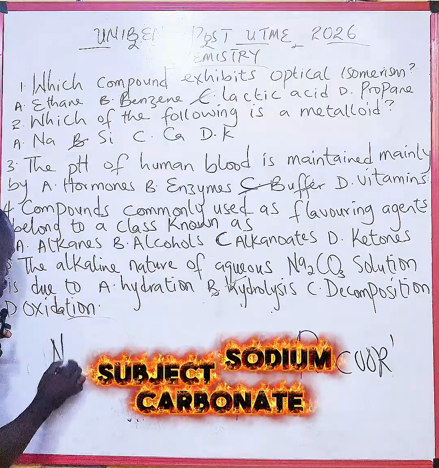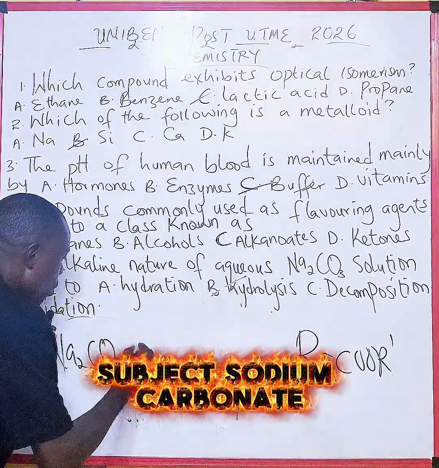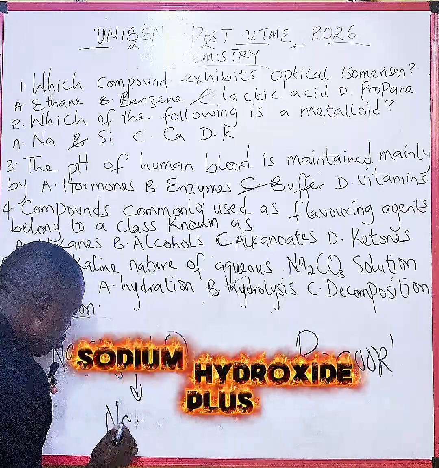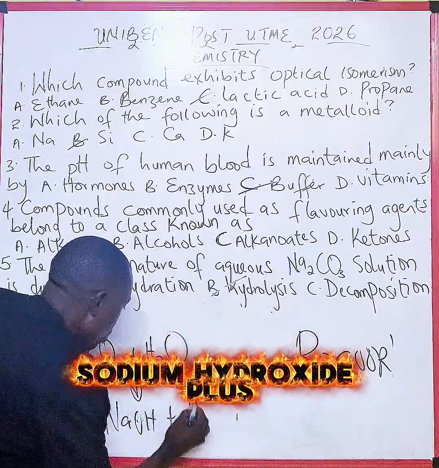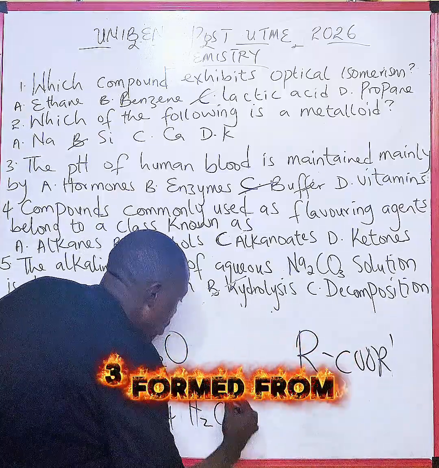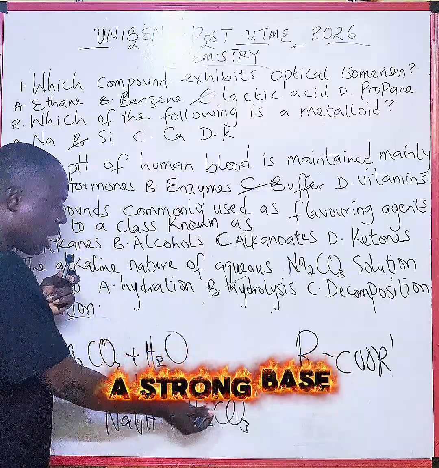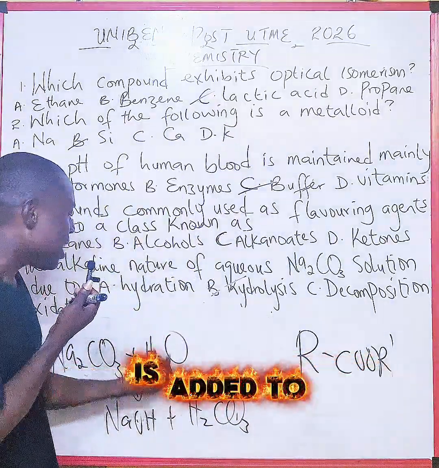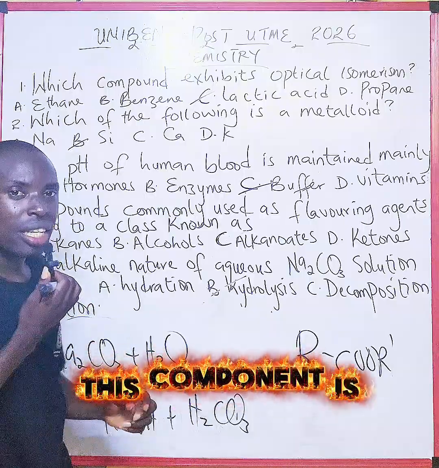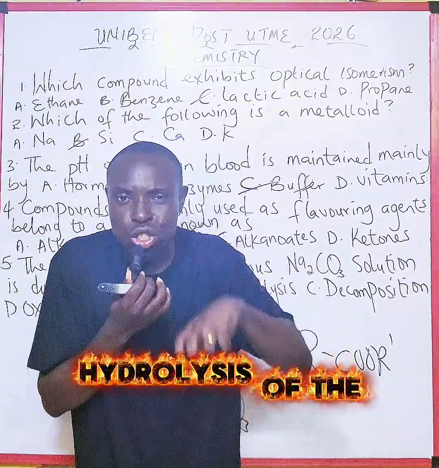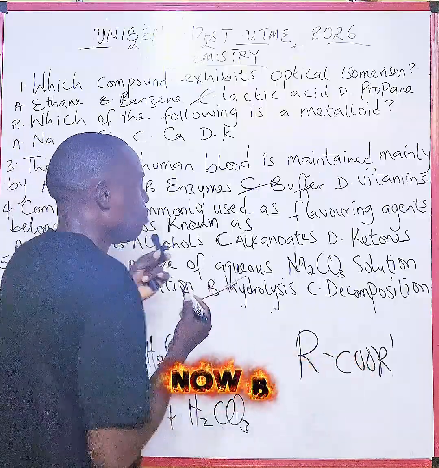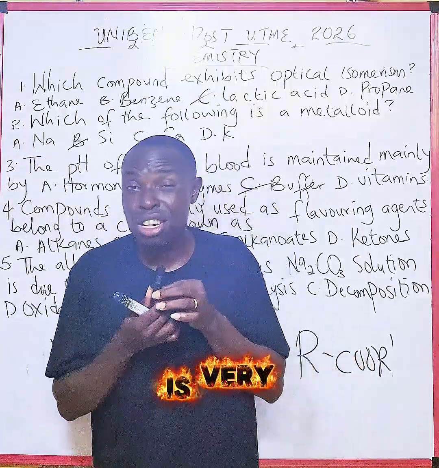When you subject sodium carbonate to water breakdown, you get sodium hydroxide plus H2CO3, formed from a strong base and a weak acid, which tells you that it is alkaline. Because water is added to break down this salt, it is called hydrolysis of the salt. This makes the answer B. So that is very, very simple.